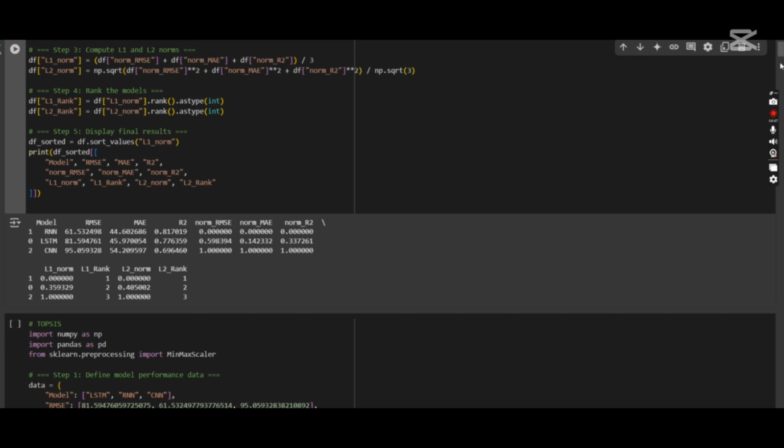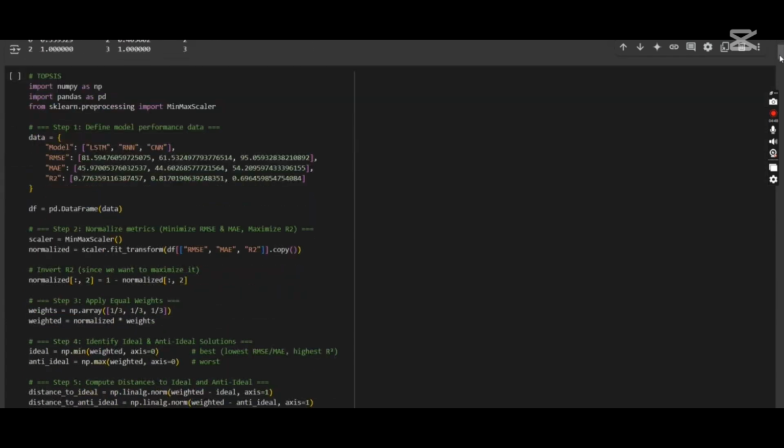So now move to the next one, that is TOPSIS. Let me throw some light on this technique. TOPSIS is another technique, the technique for order preference by similarity to ideal solution.